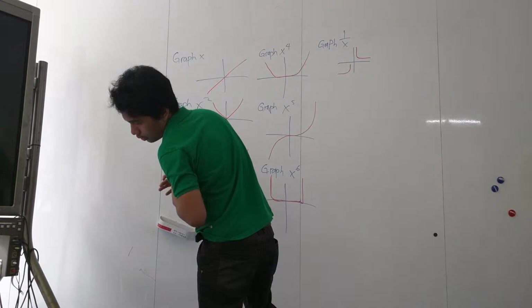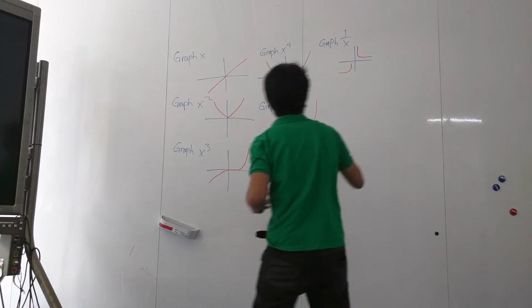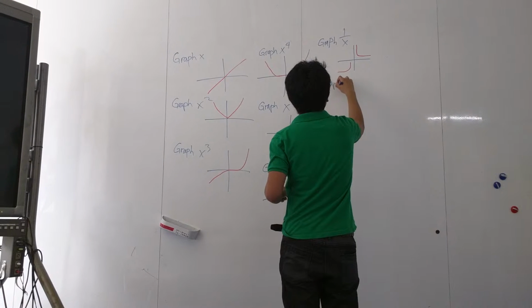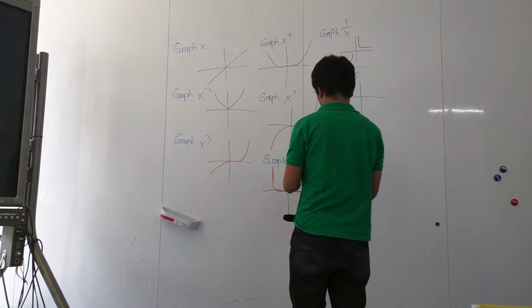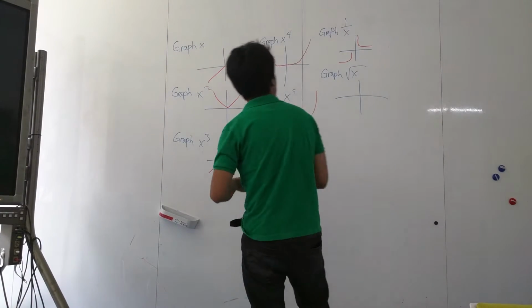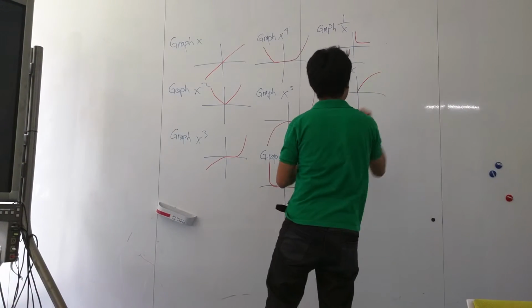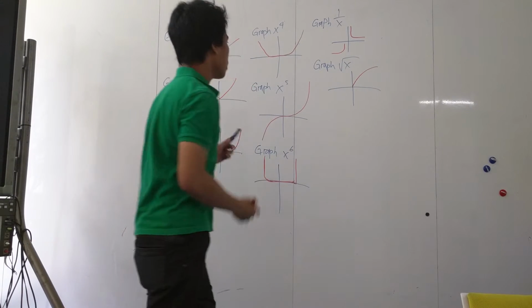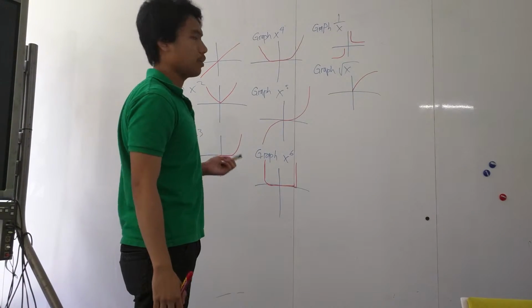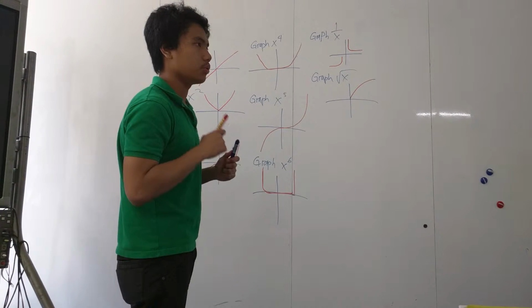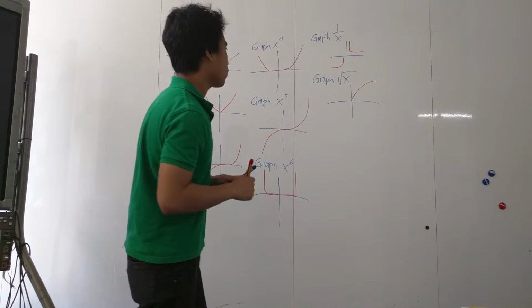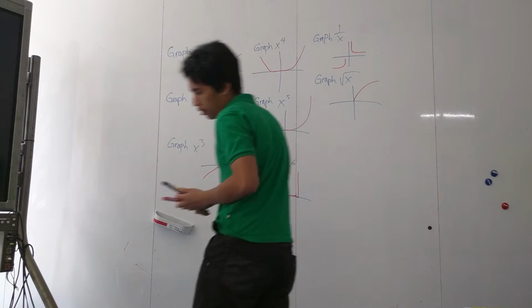And the last we have the graph of the square root of x. It should be like this. So these are the examples of the graphs that we might use to do the sum of problems that we might have.